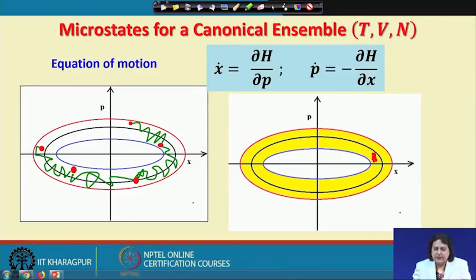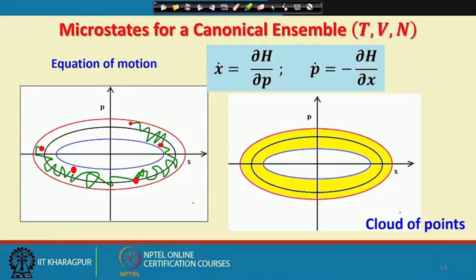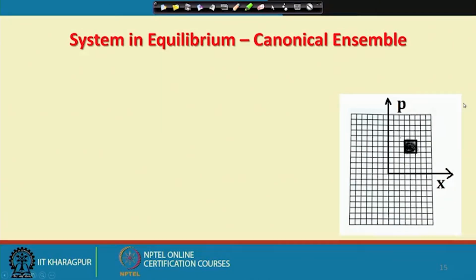So, it is very important to understand the representation of the dynamical evolution of the system as a cloud of points in the phase space. There is an interesting consequence of this.